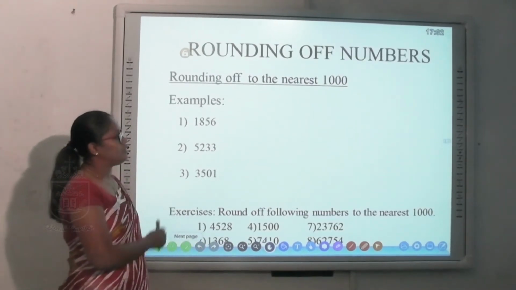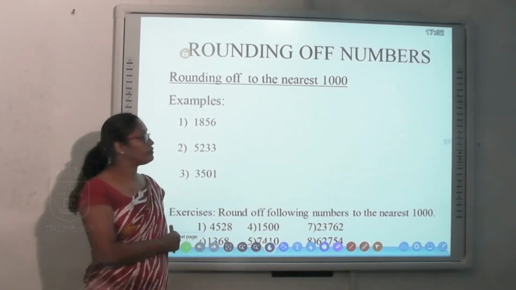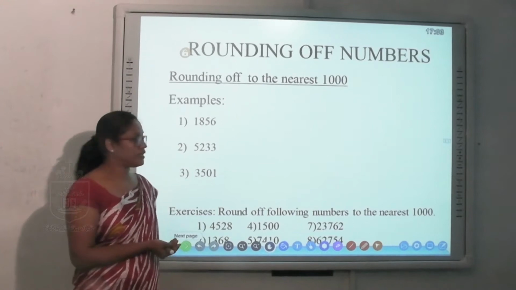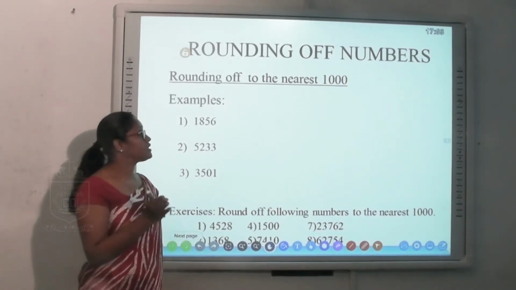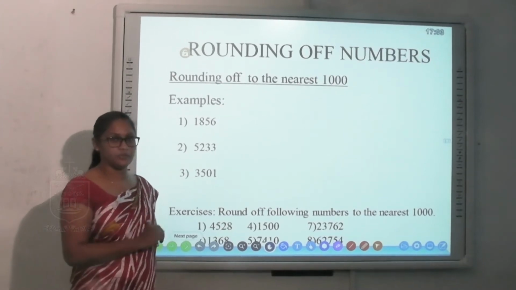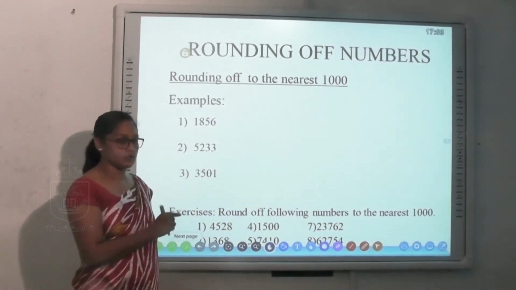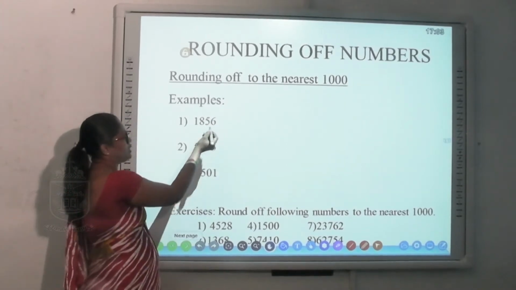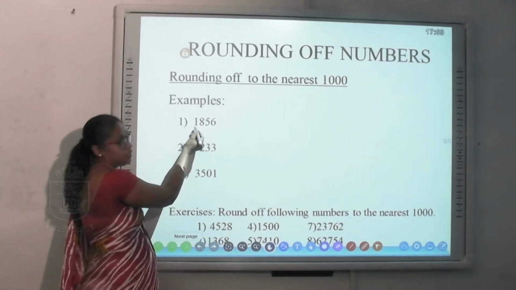Now in this slide I am going to explain how to round off numbers to the nearest 1000. The same procedure as I explained for the nearest 10 and nearest 100, you can follow here. So the place you want to find in this case is the thousands place. Here you can see unit place, 10th place, 100th place, and this is the 1000th place.